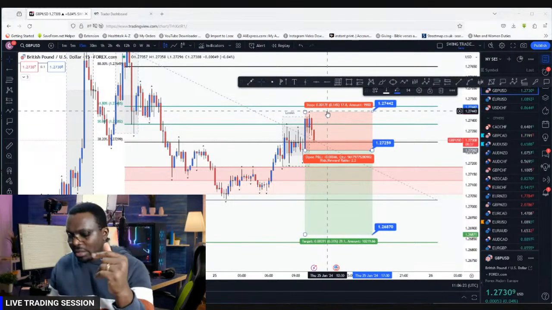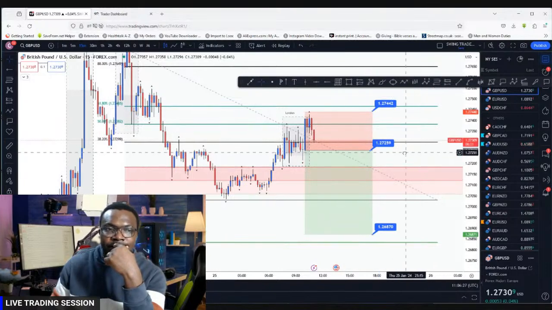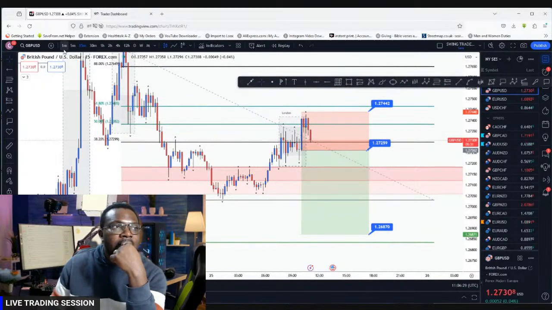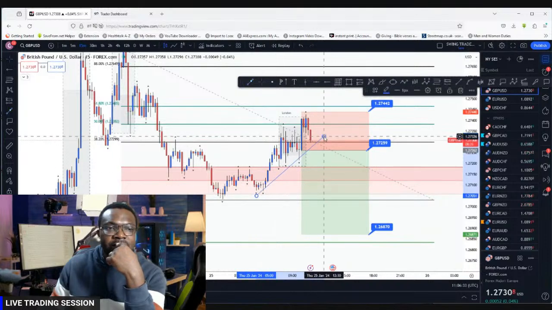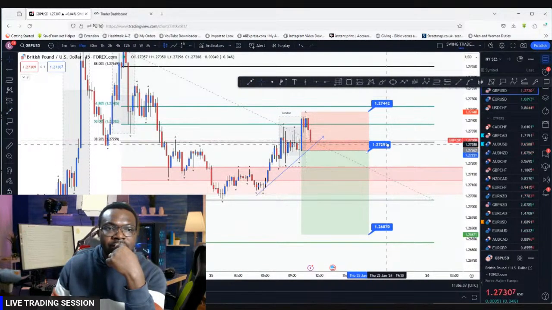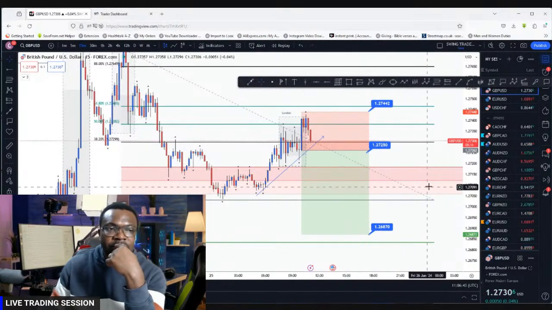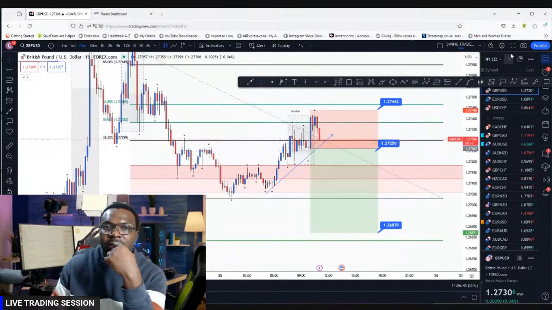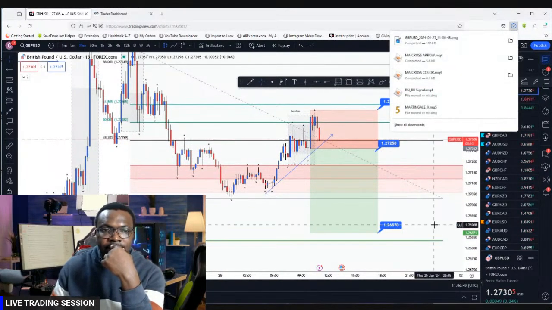About, let me round it up to 18 pip stop loss. And the confirmation will be a break of this trend line. That'll be the confirmation. So if you want to get your hand in a little bit, that'll be nice, so that you see that confirmation, a break of that trend line. So I'm gonna send this to Trading Lab right now.